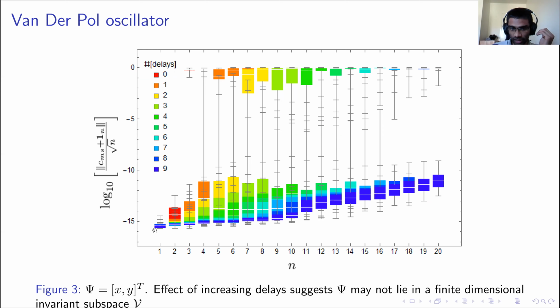And if you look at the largest number of delays taken, you see there's no jump indicating departure from spectral equivalence. So this is the same as saying this choice of observables doesn't lie in a finite dimensional invariant subspace of dimension less than 20.